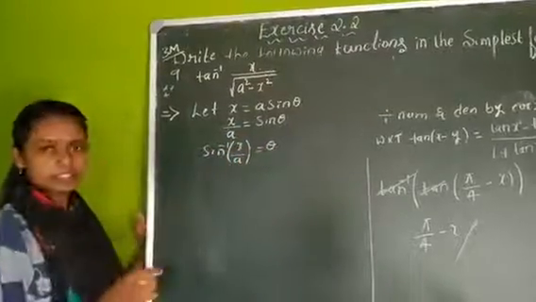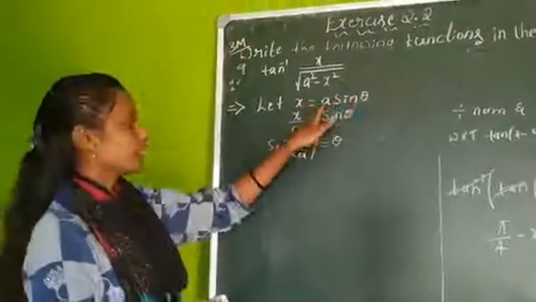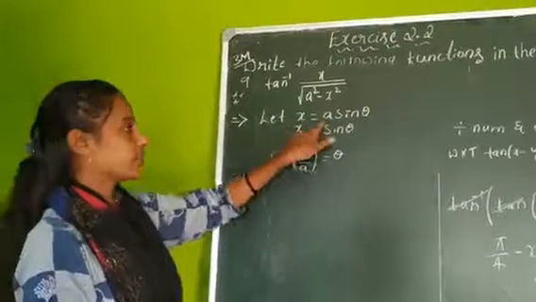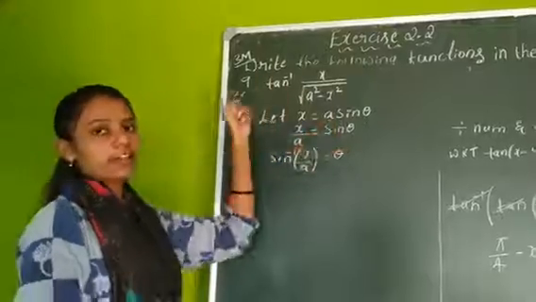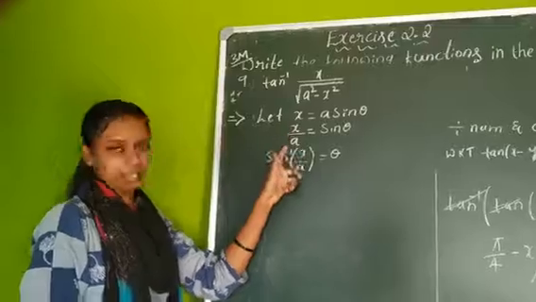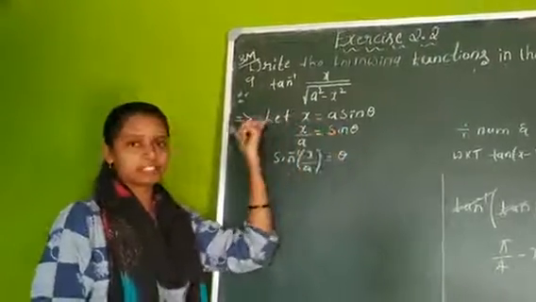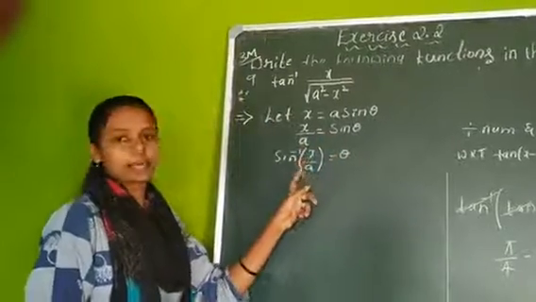I took x is nothing but a sine theta, then I keep the sine as it is. I'll take the a this side. Anyway, this is a product. Product means if you shift it to the left hand side, it will go to the denominator, right? x by a. Then I'll keep theta here. If I shift the function this side, it will be an inverse function. Therefore, theta is sine inverse of x by a.